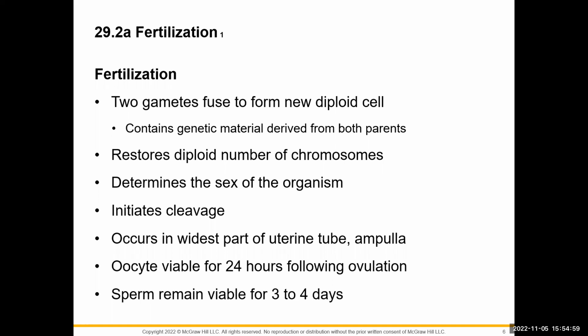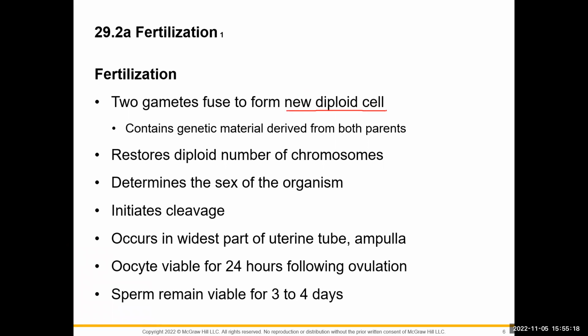Fertilization occurs when the two gametes, the secondary oocyte and the sperm, fuse together. Those two gametes are haploid cells, but when they fuse, the resulting cell is a diploid cell.